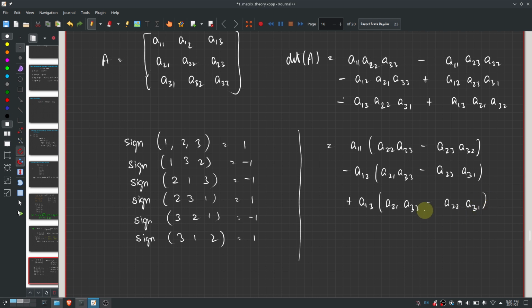Correct? But what is this? This is exactly the formula for the 3 by 3 determinant that you've seen. So it boils down to the same thing, but now you have an explicit formula that you can calculate. In high school you would have seen the formula for a determinant in terms of minors and cofactors. This is essentially the same thing.